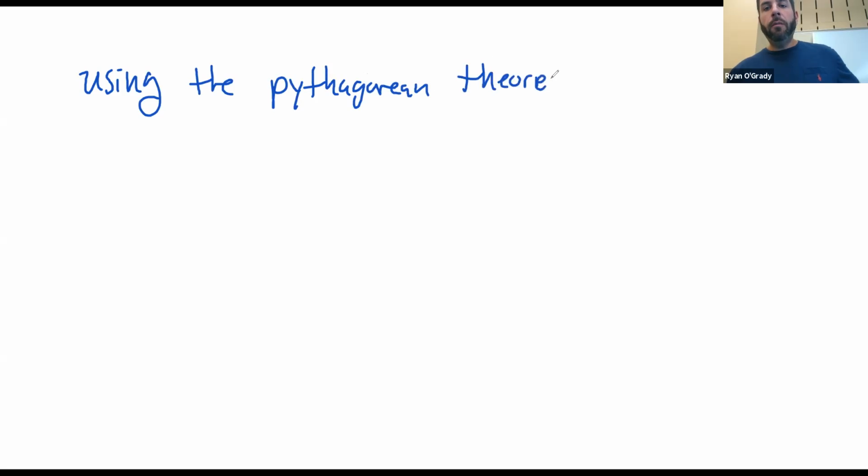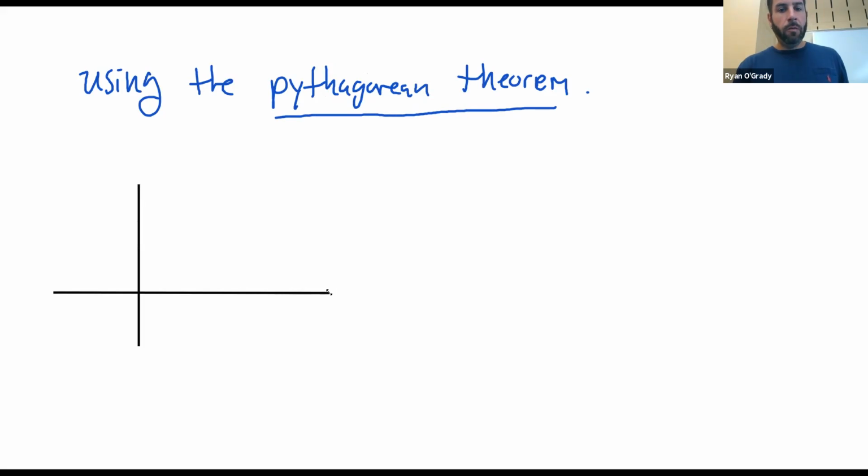So just a little reminder of what I mean by that. If I were to draw a coordinate system, and let's say this is my XY axis, I might have a point over here, and then some point over here.